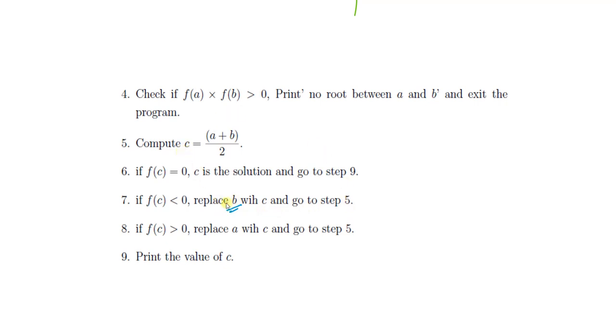If f of c is greater than 0, replace a with c and then go to step 5. What are we going to do in step 5? Computing a plus b by 2 again. So continue this process, and finally you will get a particular value of c for which f of c is approximately equal to 0.